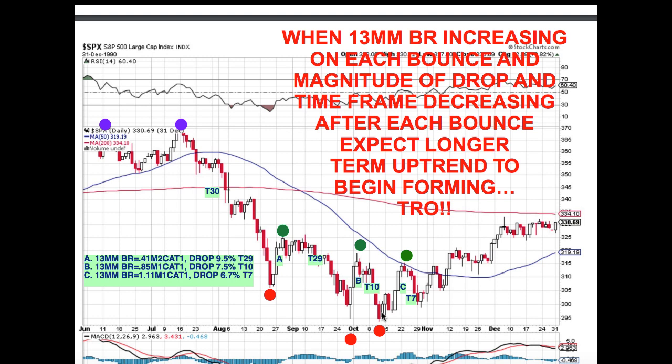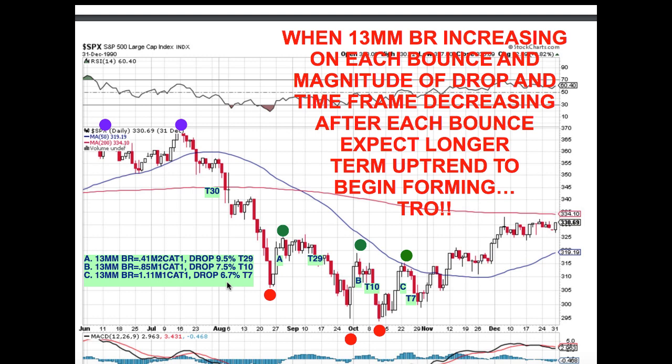In other words, a perfect case of a trend reversal opportunity. These are the time frames when you're going from bounce A to bounce B and bounce C, and both the time frame of the drop and the magnitude of the drop are going lower and lower after each bounce. That tells you that the reversal is near.